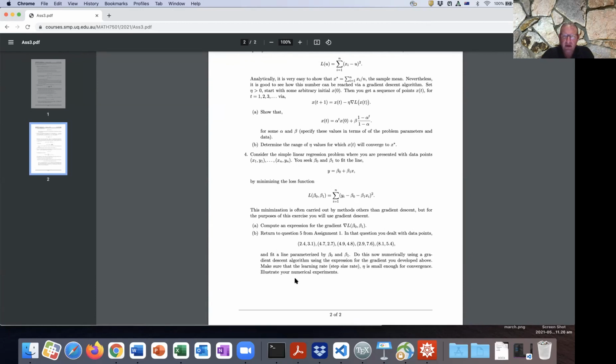That's numerically. Make sure the learning step size is small enough. So 4B is a numerical section, where it's just suggested to you that eta will be small enough so convergence will work. I hope that helps. Tell me if not.